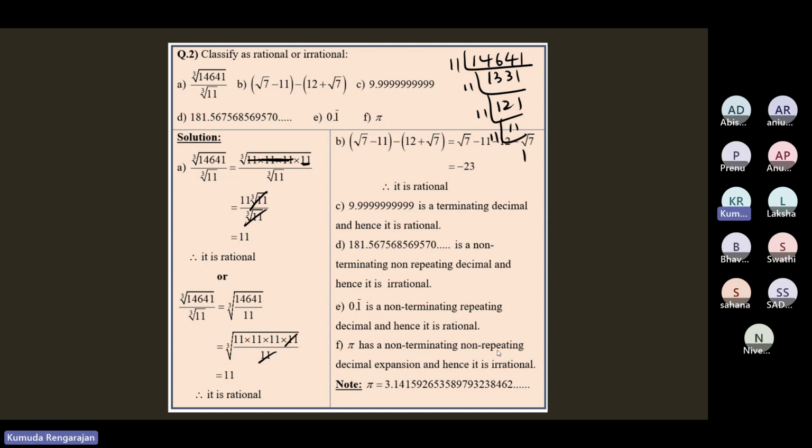So it's rational. Here when you open the bracket, it is minus 12 minus root 7. So root 7 minus root 7 gets cancelled. Minus 11 minus 12 is minus 23, and it's rational.